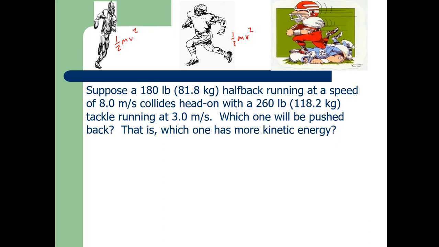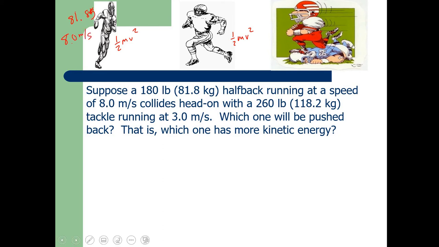Would you quickly use your calculators? If you need a calculator, come up here and figure out how much kinetic energy each one has. We're going to make this one 81.8 kilograms, running at 8.0 meters per second.